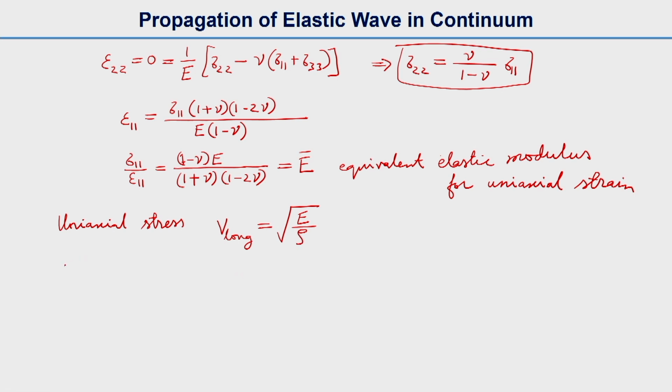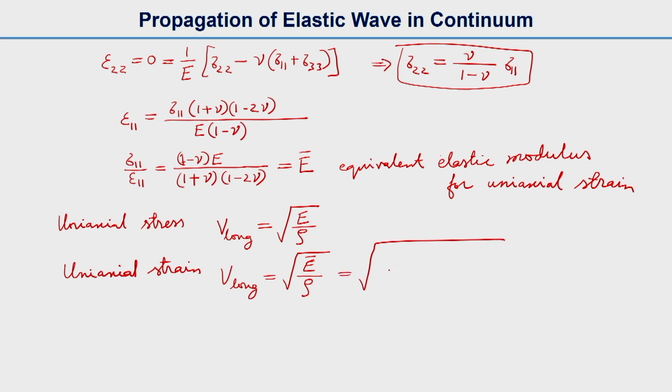Now in this case, for uniaxial strain, if we want to express it in a similar fashion, E bar, which is the earlier expression we got, by rho, will be equal to 1 minus nu multiplied by elastic modulus, over 1 plus nu times 1 minus twice nu, multiplied by rho.